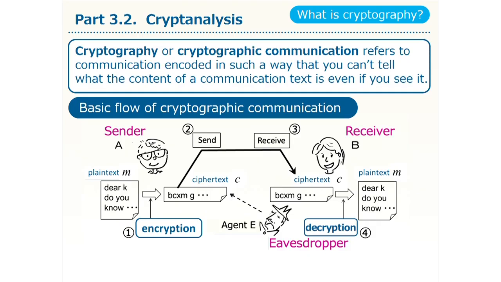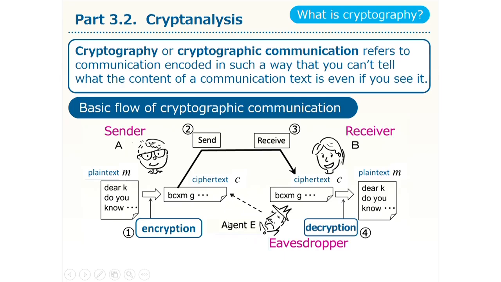Basically, three characters are involved in cryptography. First, we have a sender who sends an encrypted message, then receiver B of the message. Furthermore, we have an eavesdropper who eavesdrops on the cryptographic communication. Let's call him agent E. Those are the three characters.